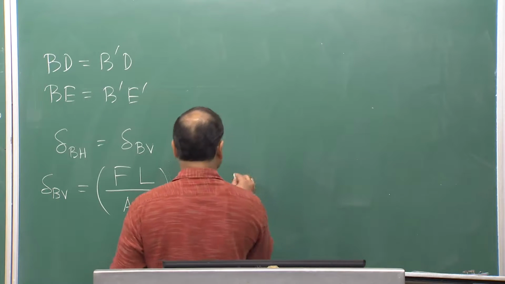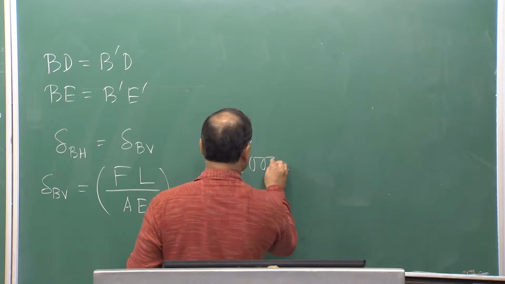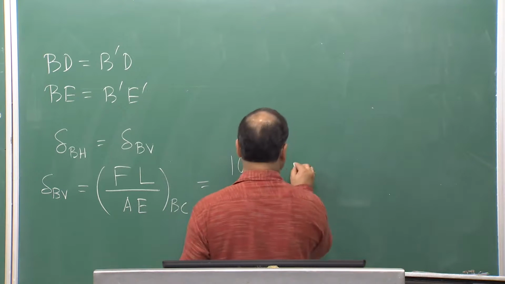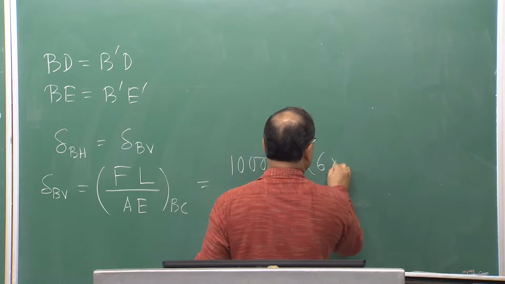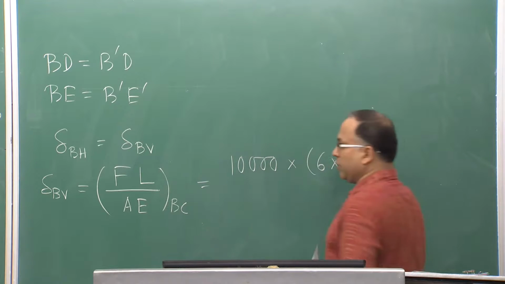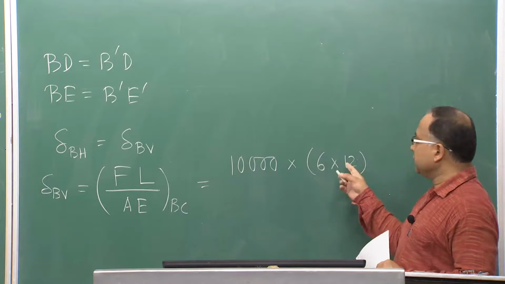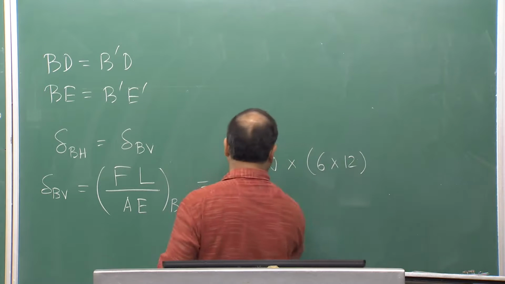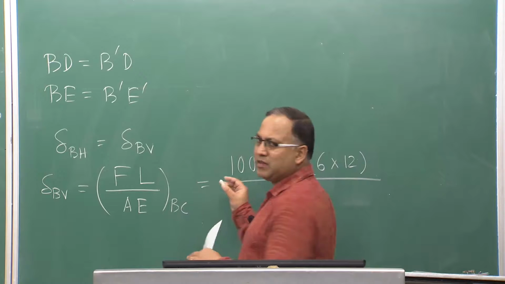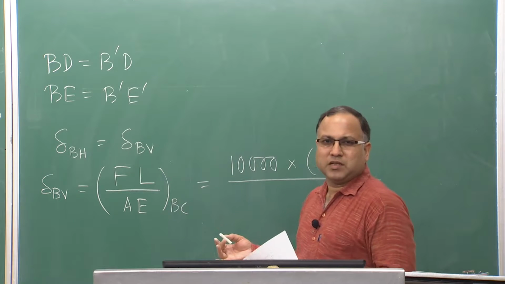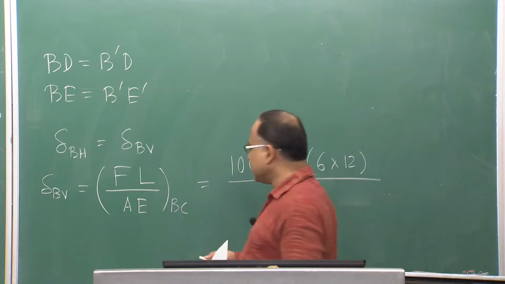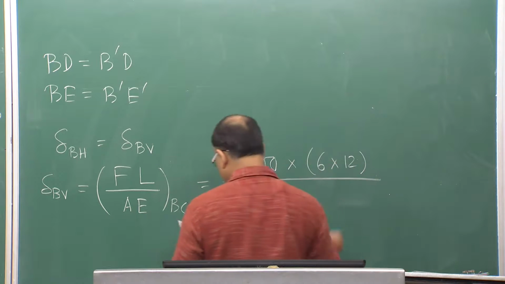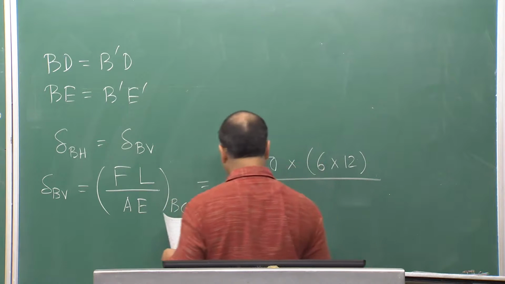If you put in all the values, 10,000 pounds is the force carried by member BC, times the length of member BC, which is 6 feet. 6 into 12 gives inches, so 72 inches. I am doing this problem in FPS units, but it does not matter whether you use FPS or SI; you have to be consistent with your unit system.